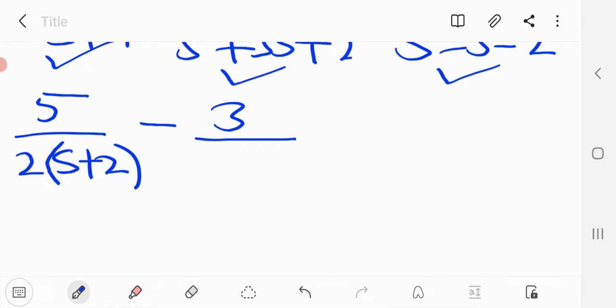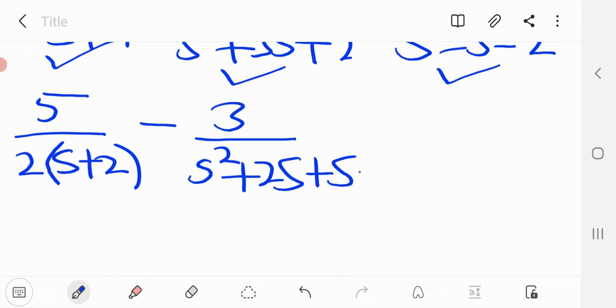So let me split the 3s; it will be written like this: s square plus 2s plus s plus 2. Similarly, when 2s and s are added, it becomes 3s, but when they are multiplied, it becomes 2s square.